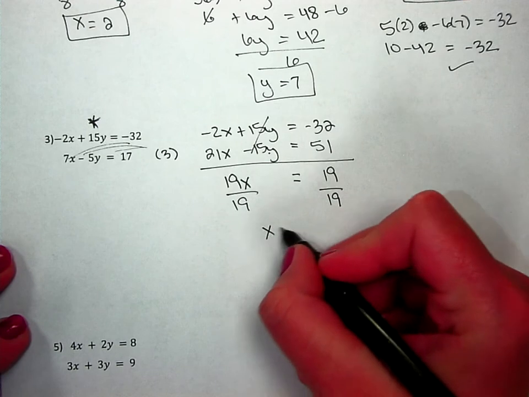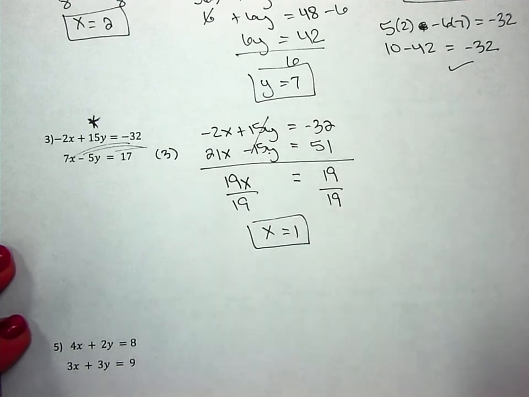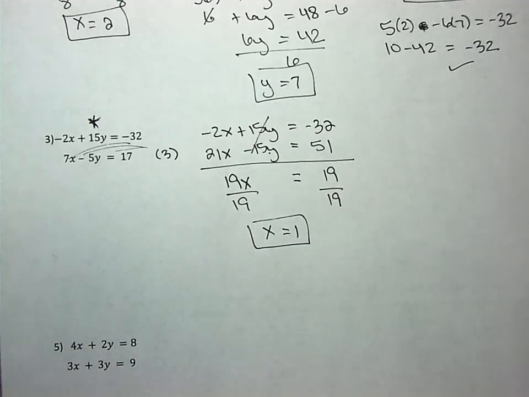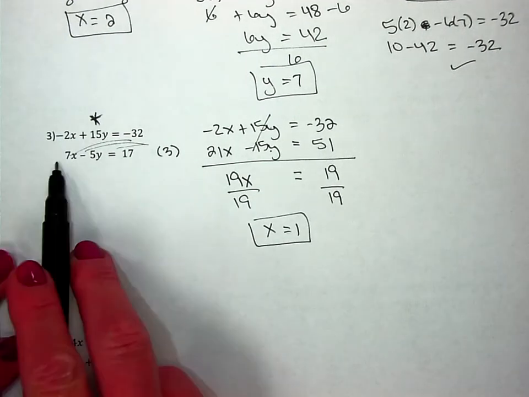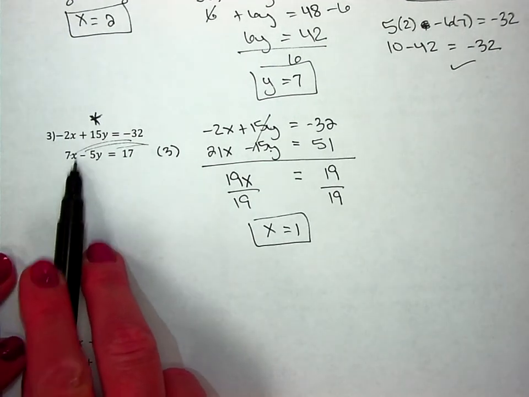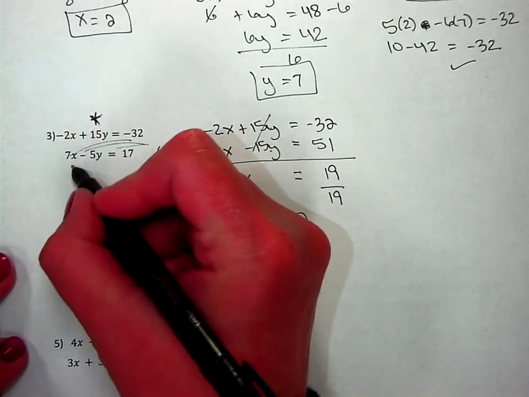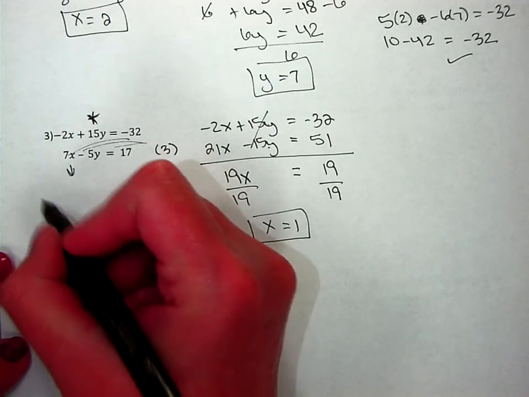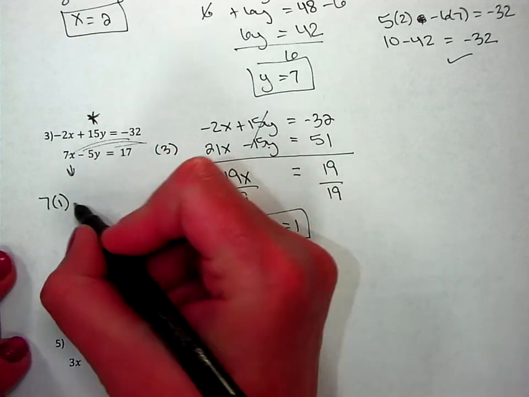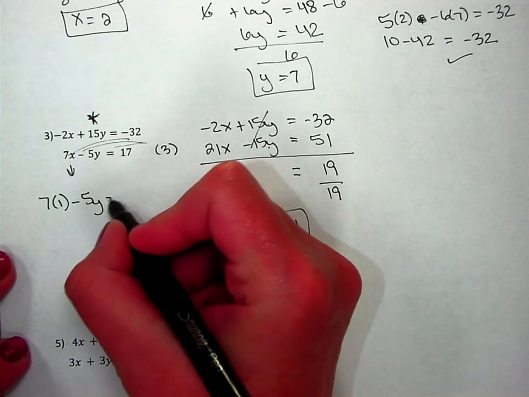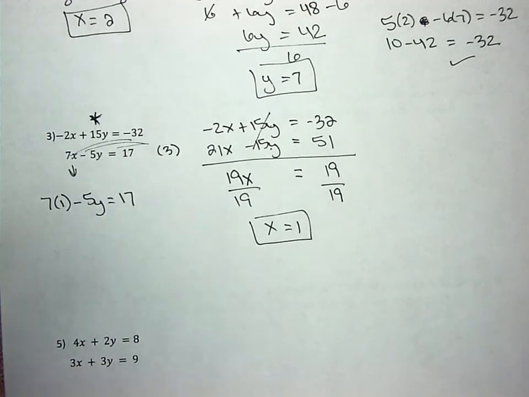Divide by 19, and x equals 1. Plug 1 in for x into either equation. I'm going to use the bottom one just because that one is more convenient right now.